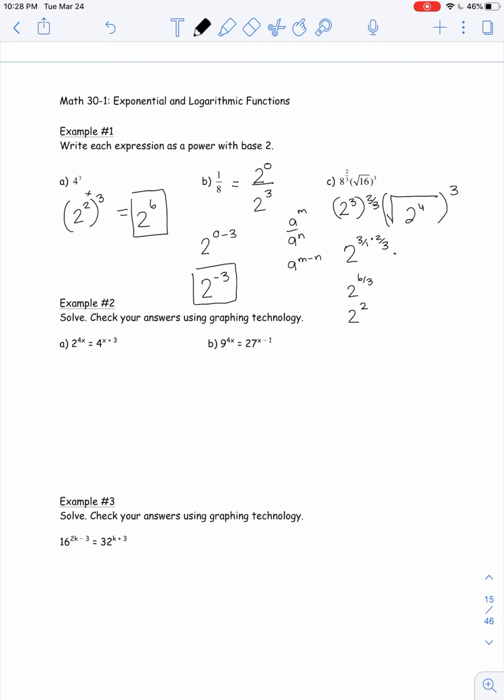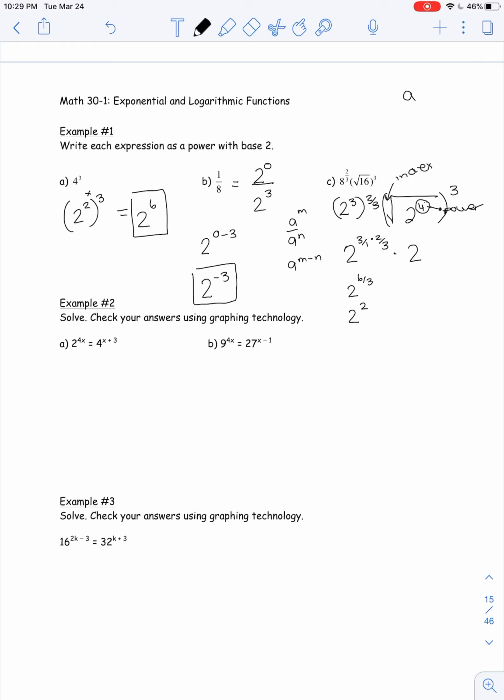Our next part, we're going to multiply by, whenever you have a base and an exponent, so here you have a power, and in front, even if you don't see it, there's an index.